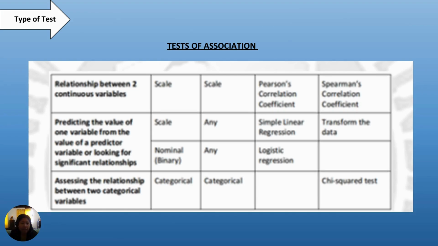a non-parametric test. Now, if we are to predict naman the value of one variable from the value of a predictor variable, or looking for significant relationships, and your dependent variable comes with scale data, regardless kung ano yung type of data ng independent variable, then we use simple linear regression for data that is normally distributed.